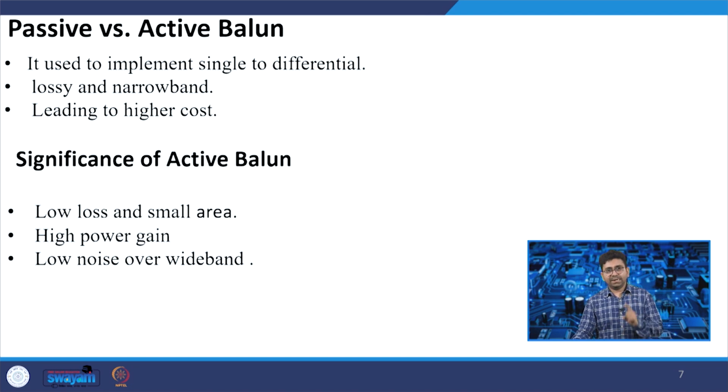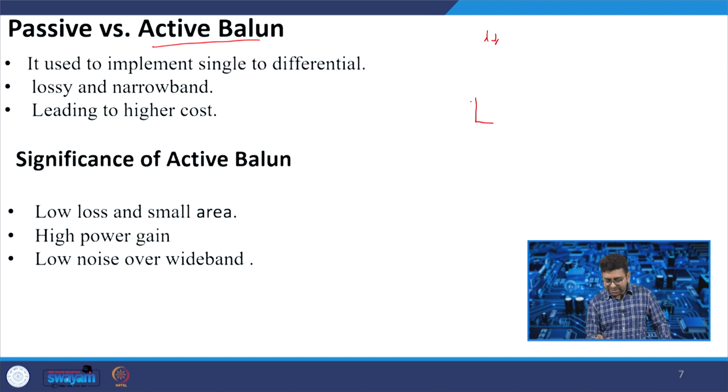However, it can be used if you are going for very high frequency, where designing a transformer does not require too much space because lambda is reduced, and that is why we can also make a passive balun on chip. But if we are working at lower frequency, we can think of an active balun. Why is a balun important?